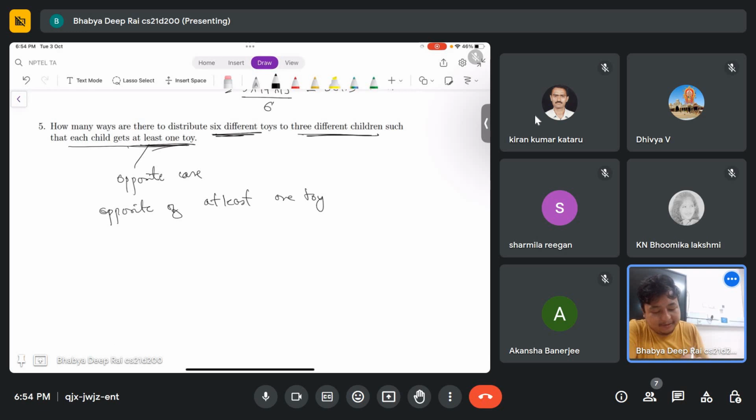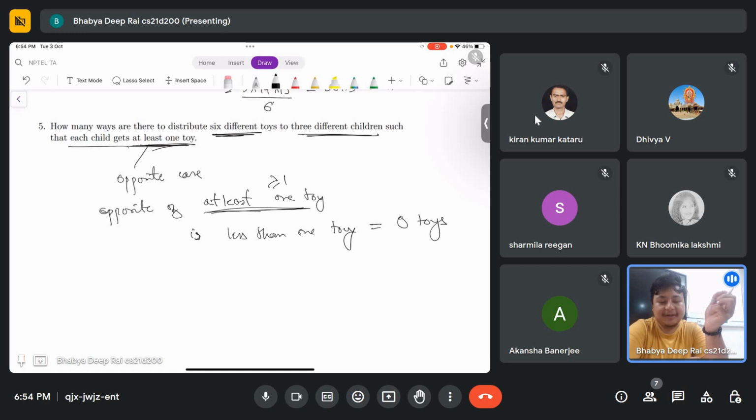Similarly, the opposite of greater than or equal to one toy is less than one toy. What is less than one toy? Which is nothing but 0 toys, because you cannot say half a toy or 1.5, 0.5, 0.3 toy or something like that. Less than one toy is 0 toys. So these are our conditions. Always remember this. Always look for the opposite case.